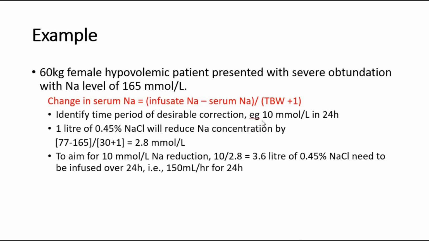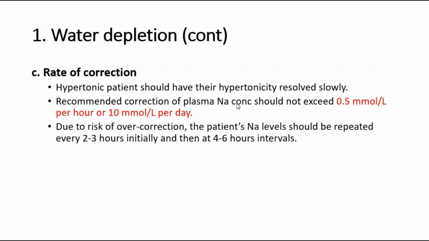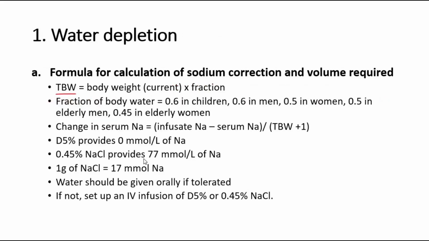If we are giving 0.45% sodium chloride, 1 liter of 0.45% sodium chloride will reduce the sodium concentration by how much? So using this formula, infusate sodium minus serum sodium. If you look back here to this slide, 0.45% NaCl provides 77 millimole per liter of sodium.